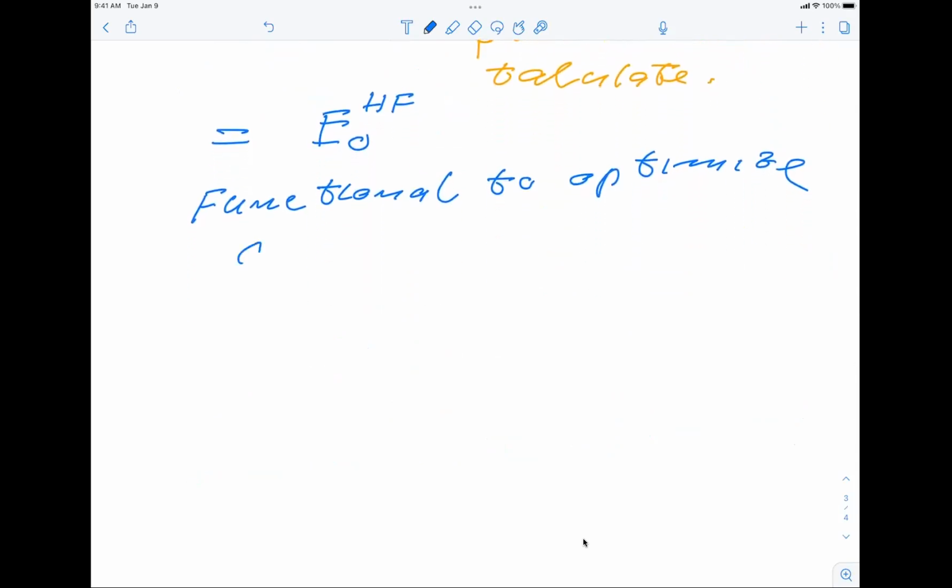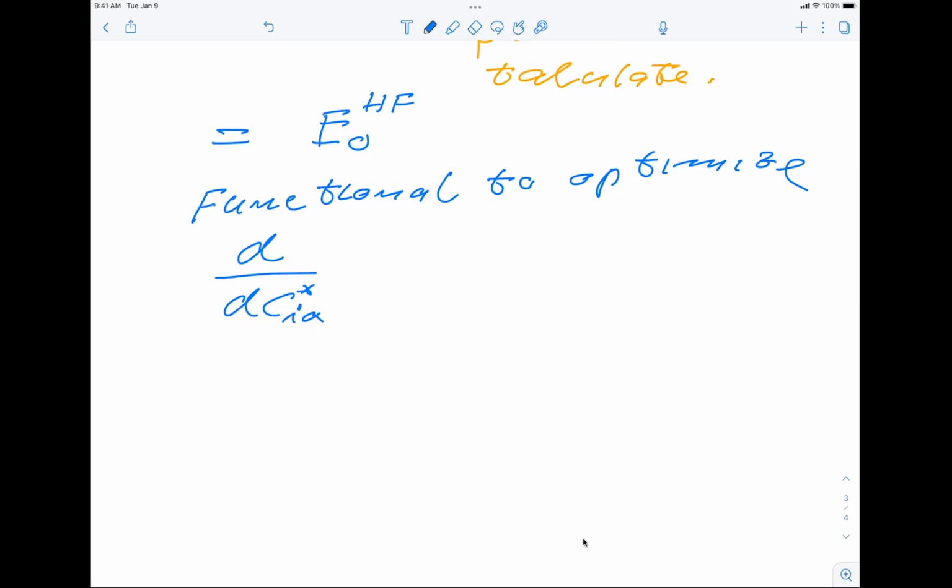I'm going to take the derivative with respect to the Ci alpha, and for every i we're going to have an equation. If we have i from 1 to 10, there will be 10 equations which need to be solved.